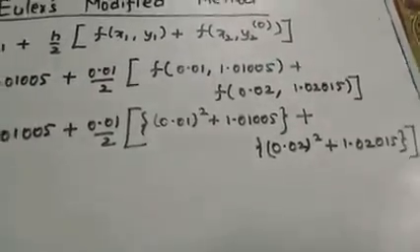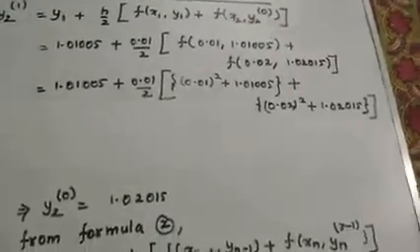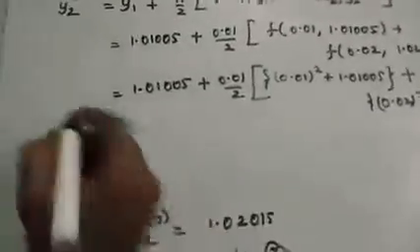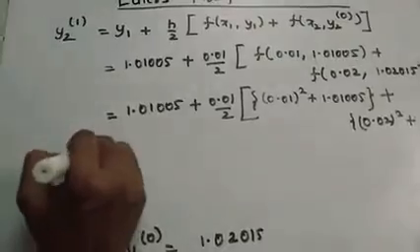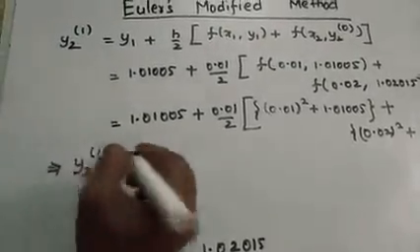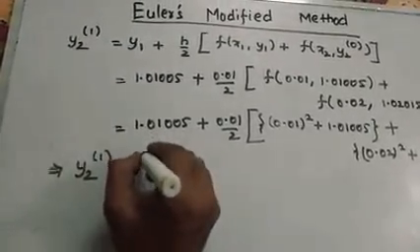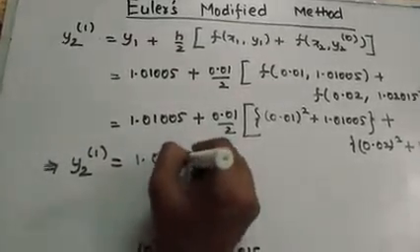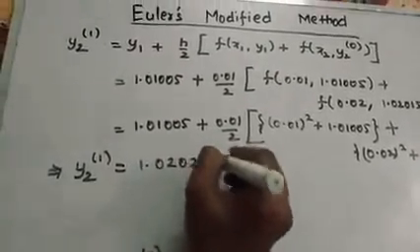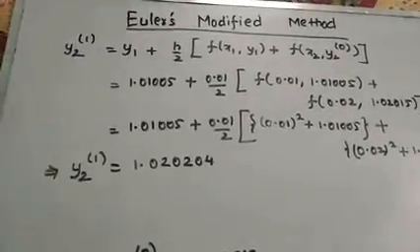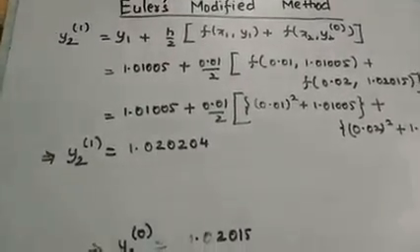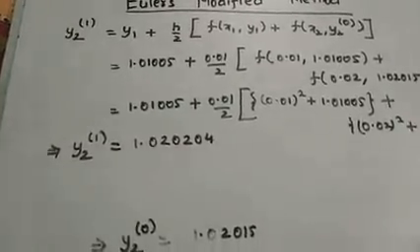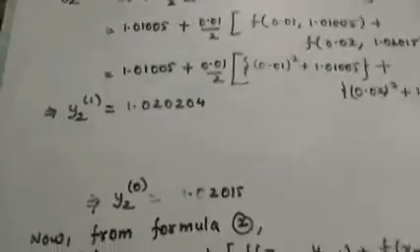After solving this full calculation, you will get y2 of 1 as 1.020204. So this is the first modification.